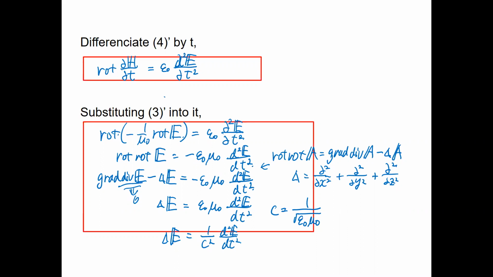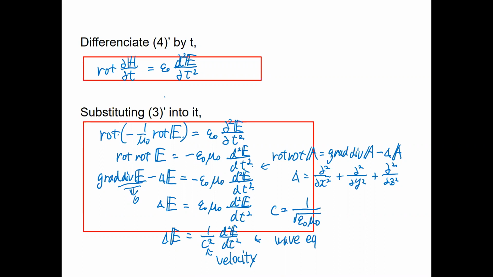And this is very familiar. Any type of wave can be described by this wave equation, and this C corresponds to the velocity in the wave equation.